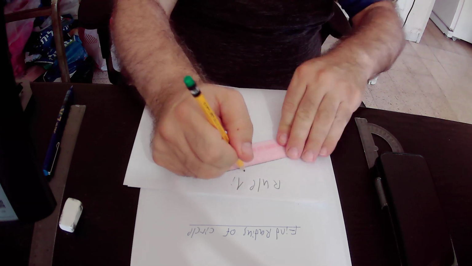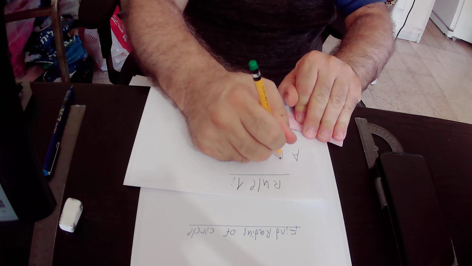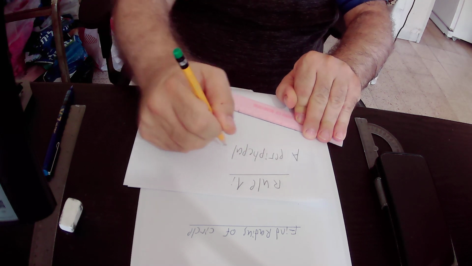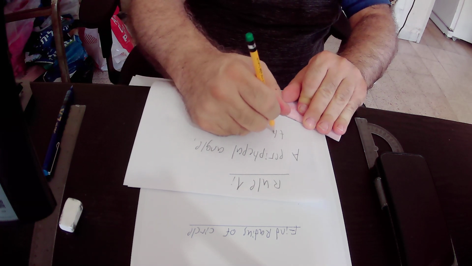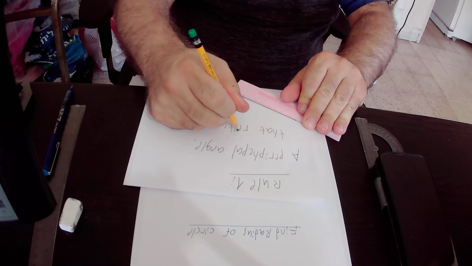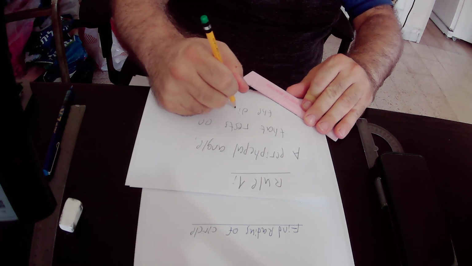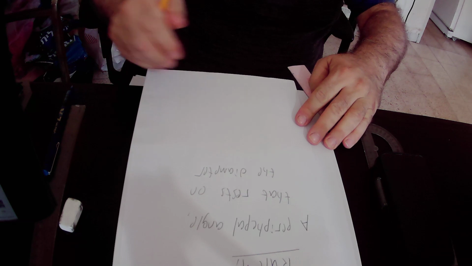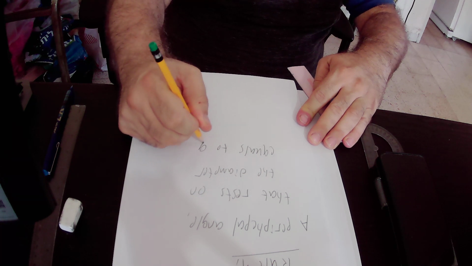Rule number 1 states that a peripheral angle that rests on the diameter equals 90 degrees.